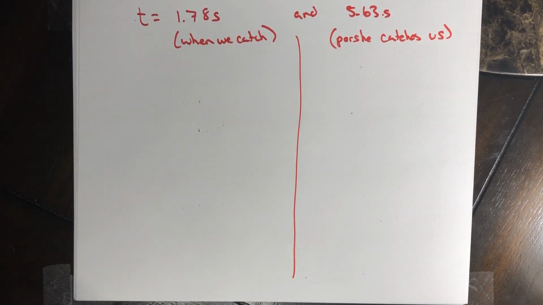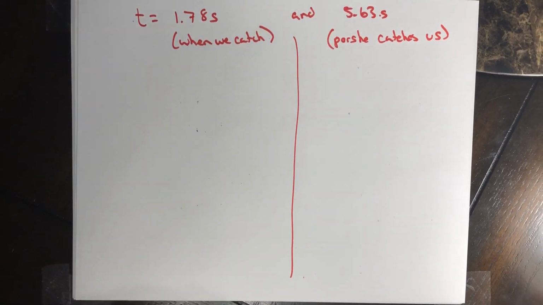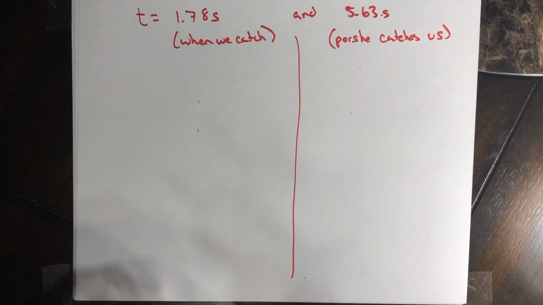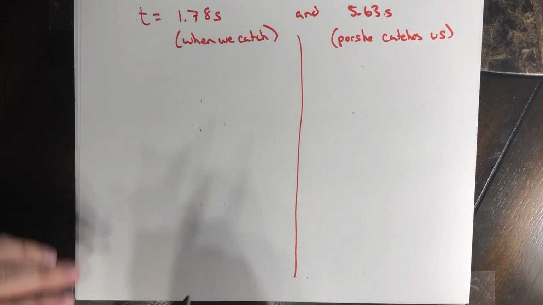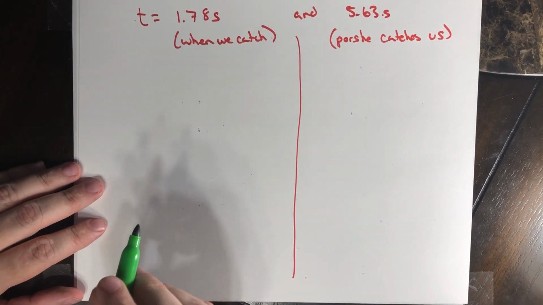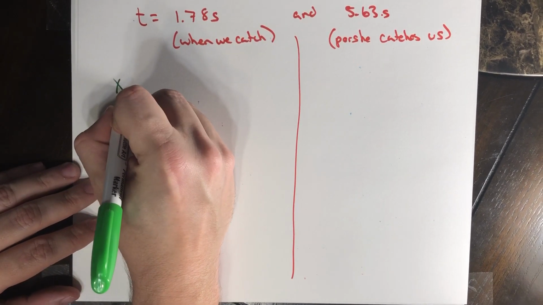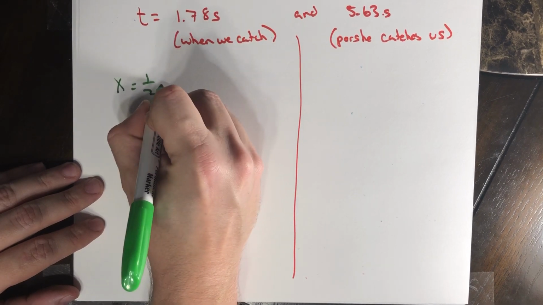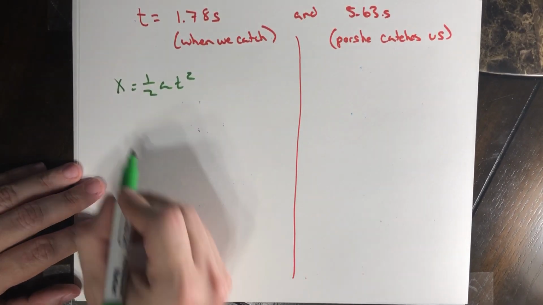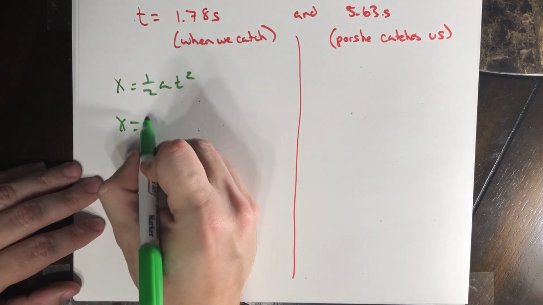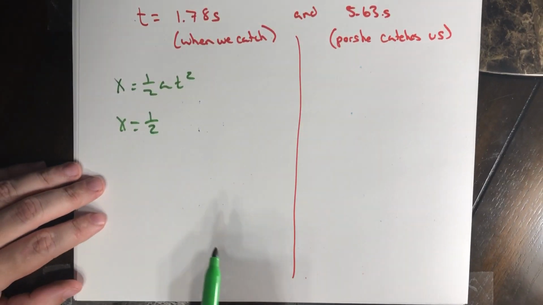Okay, again, it doesn't really matter which equation we use, so we're going to go with plugging in the 1.78 seconds into our x equals 1/2 at squared equation. So again, we plug that in. Well, we have 1/2 our acceleration of our Porsche. We're doing our Porsche right now.